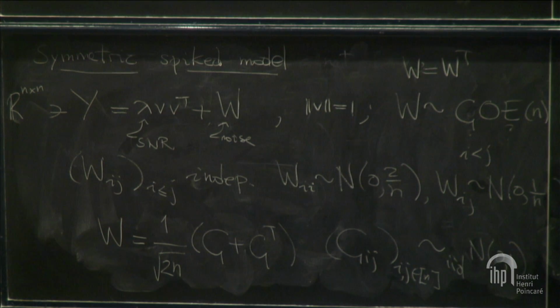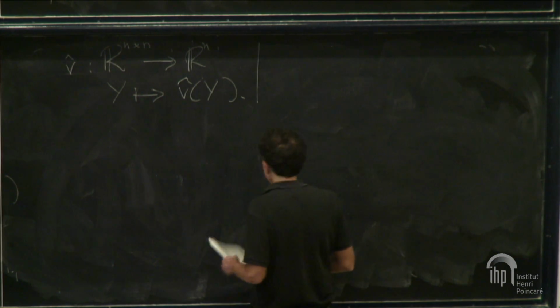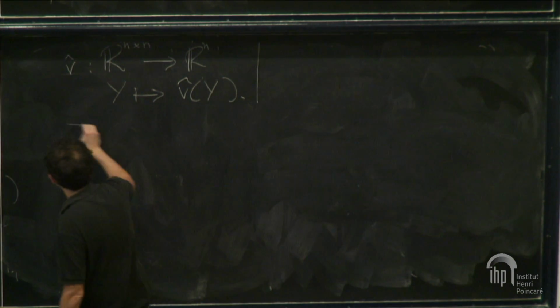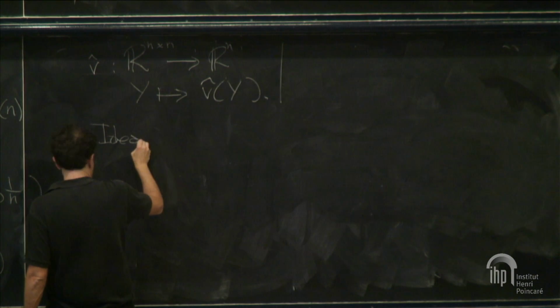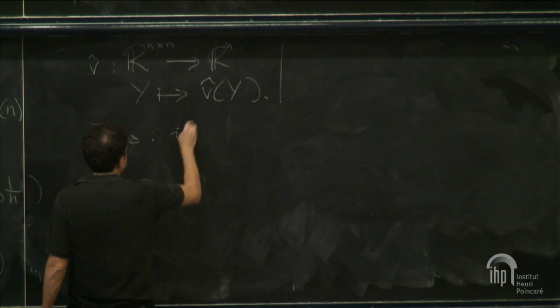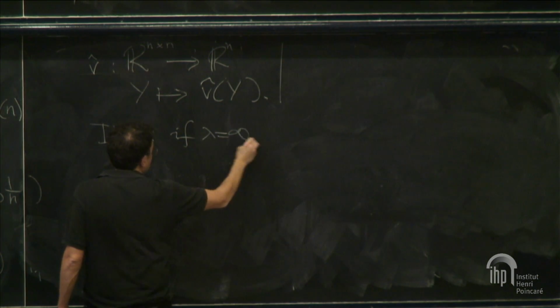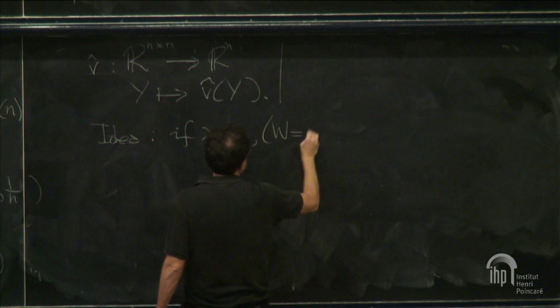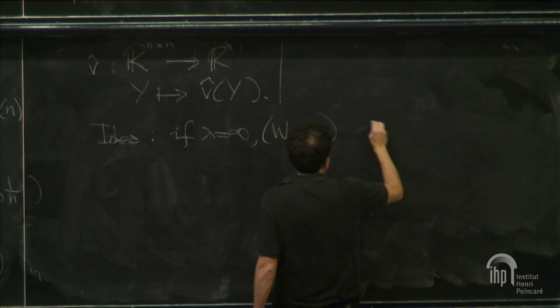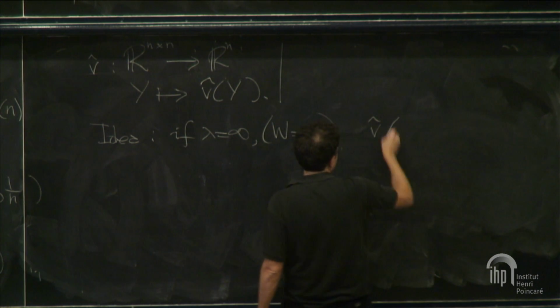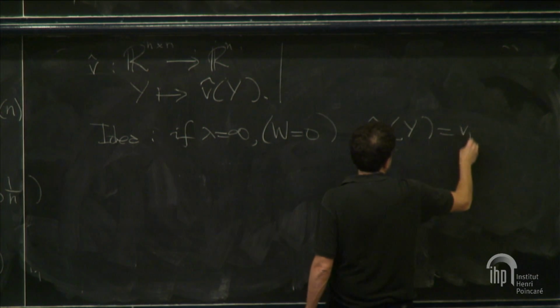So how do I do it? Well, the simplest idea is the following. If lambda is infinity, or equivalently W is 0, then what you want to do is take V hat of y equal to the first eigenvector of y.